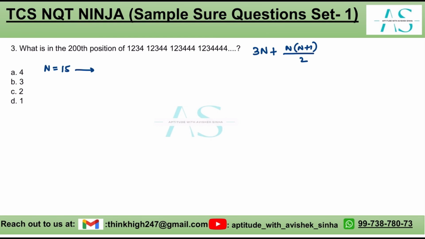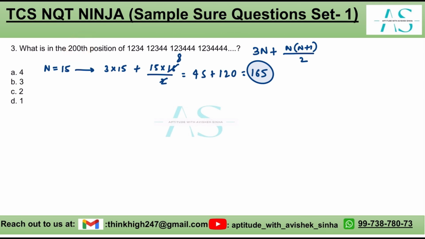Putting it in the formula of 3n plus n into n plus 1 by 2, this is 3 into 15 plus 15 into 16 by 2. This is 15 into 3, 45, plus 15 into 8. 15 into 4 is 60. This is 120. It is 165. We are not very close to 200.